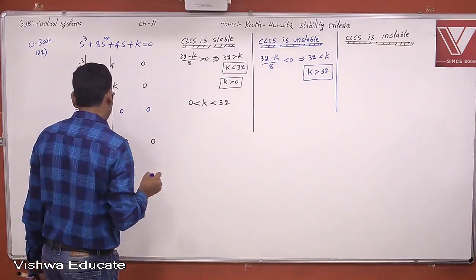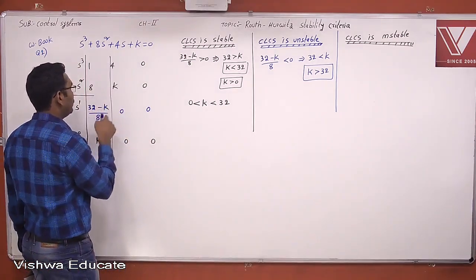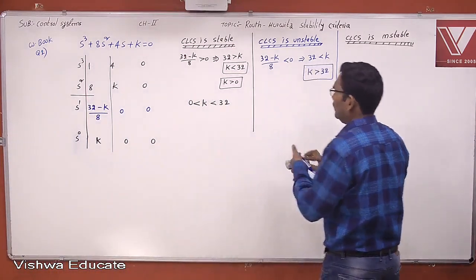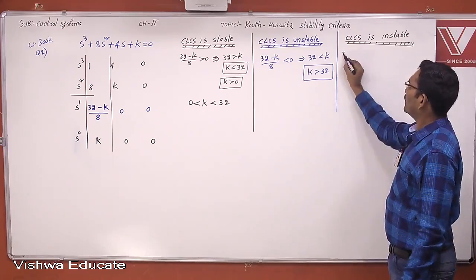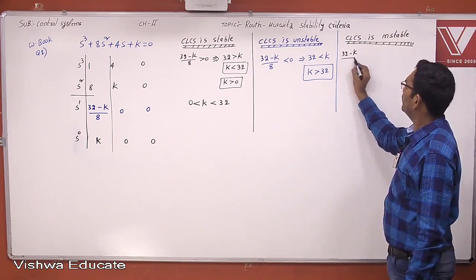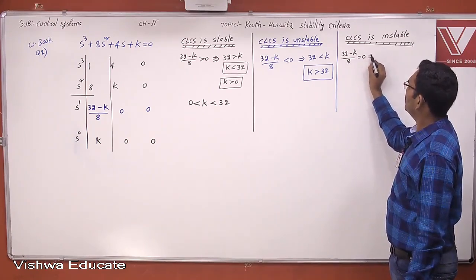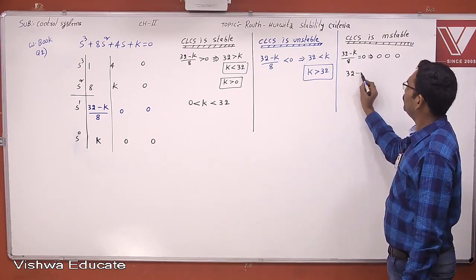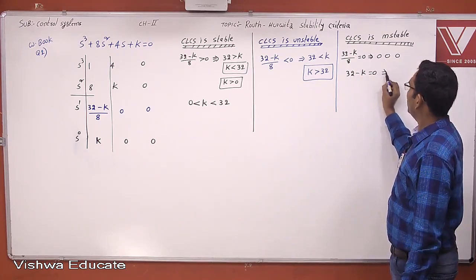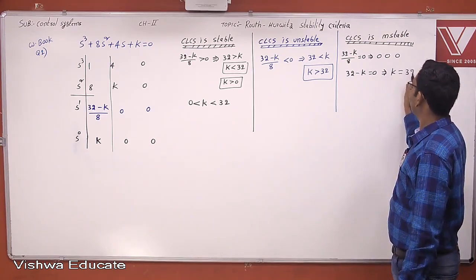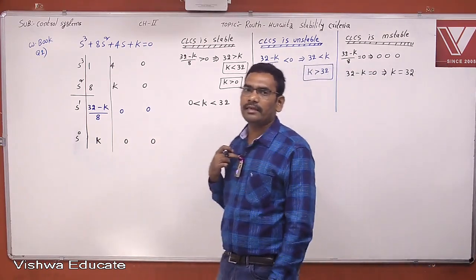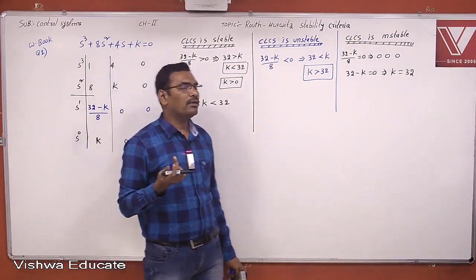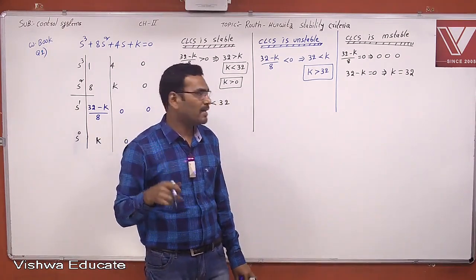One complete row becomes 0 means, if I make (32 minus k) by 8 equal to 0, one complete row will become 0. Therefore 32 minus k equal to 0. Therefore, k equal to 32. Now, when k equal to 32, the closed loop control system is marginally stable.